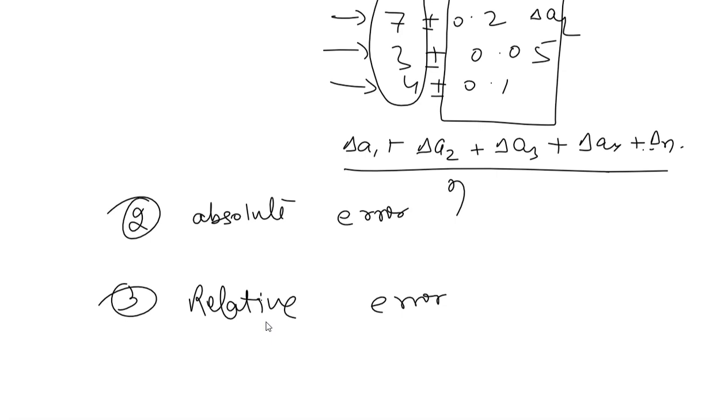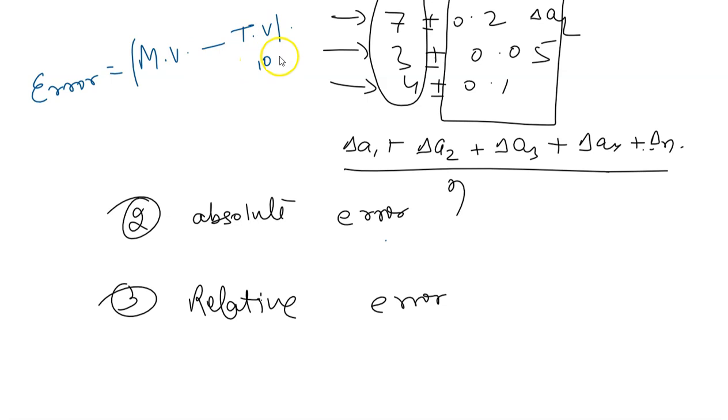So absolute error, let us discuss that. It is basically the amount of error, you can say, in the measurement. So it is the difference between measured value and true value. Because what is error? I can say error is the difference between measured value and true value.